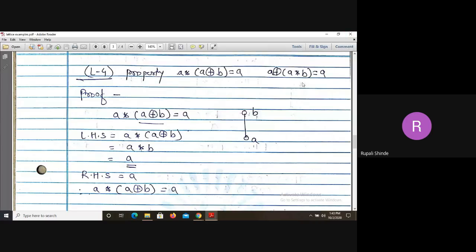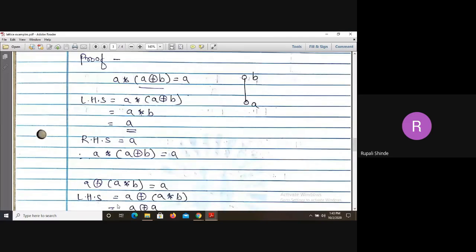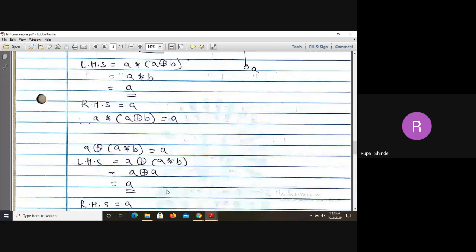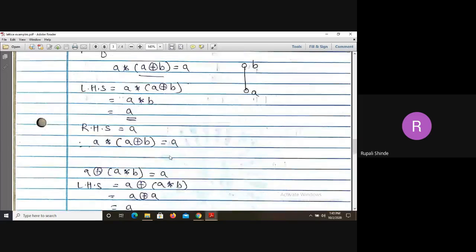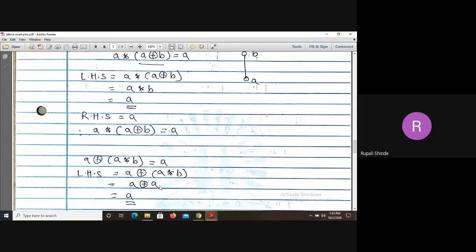Now check for the join operation. So the join operation we have written as A ∨ (A ∧ B) equal to A. Now check the value of A ∧ B. Here the value for this operation is A. So A ∨ A. We have seen in the first property itself that if there is only one element, then the greatest lower bound and least upper bound is that element only.